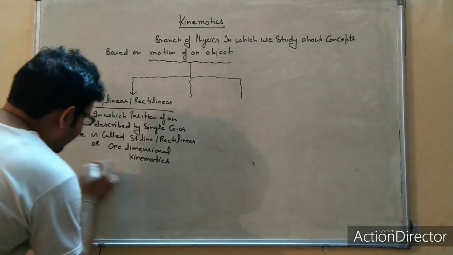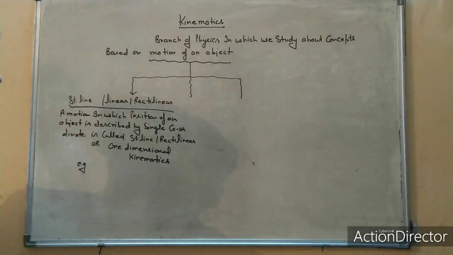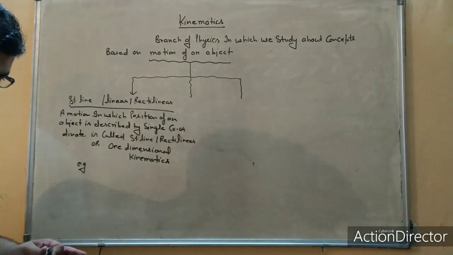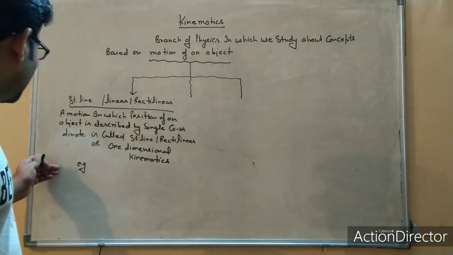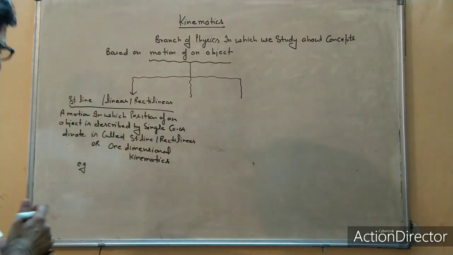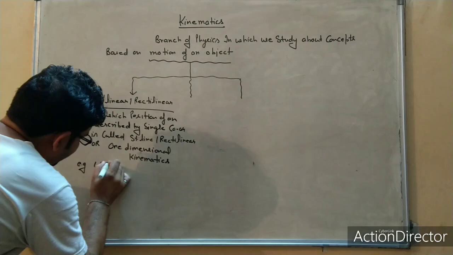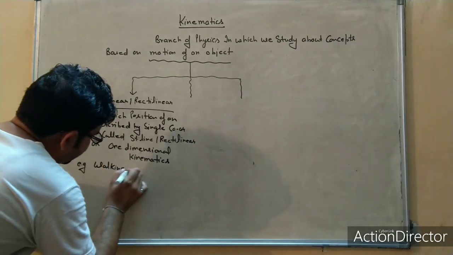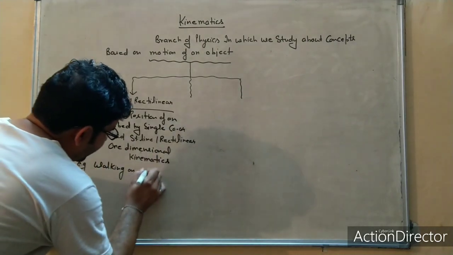In one dimensional kinematics, there are lots of examples. Suppose I am walking on the road in a straight line, walking on a road.